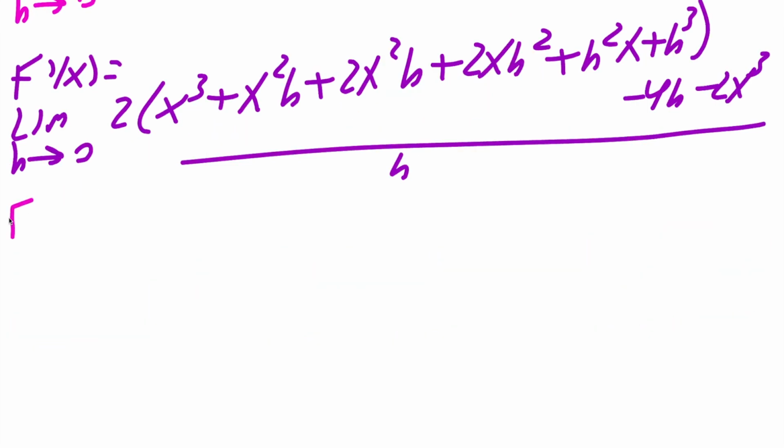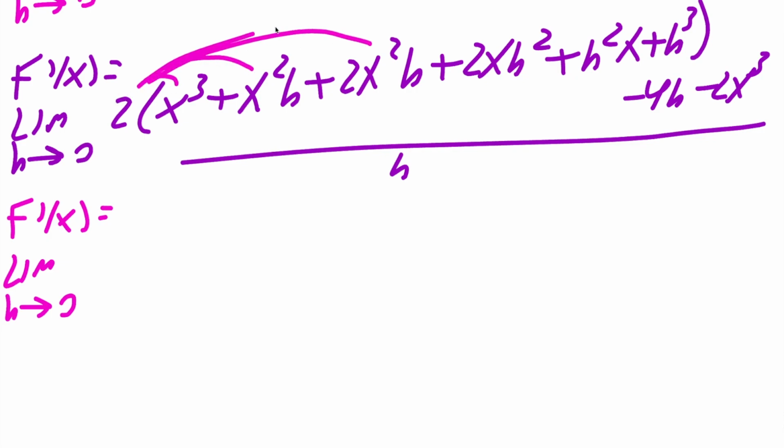So again, we want to get the derivative of f of x, and that's going to be the limit as h approaches 0. So now we have to distribute this 2 to all of the pieces in the parentheses. Each one of them we have to multiply by 2.